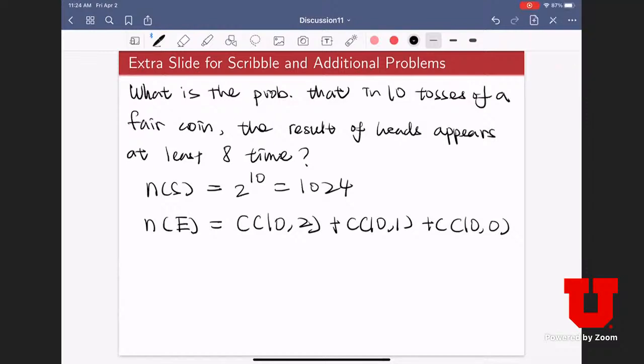For 2 to the 10, that takes order into account, right? Let me think. Yes, it does.